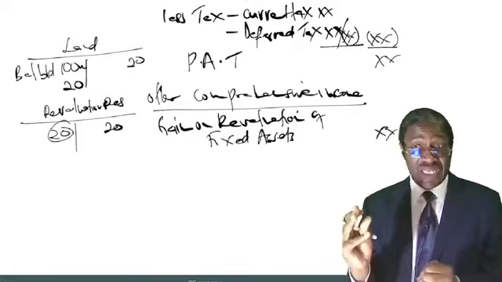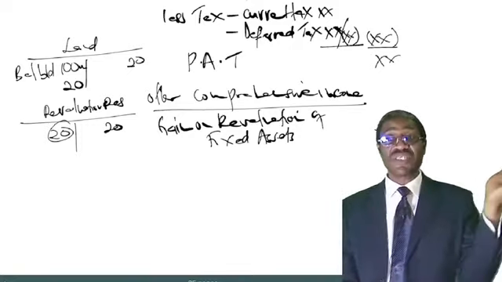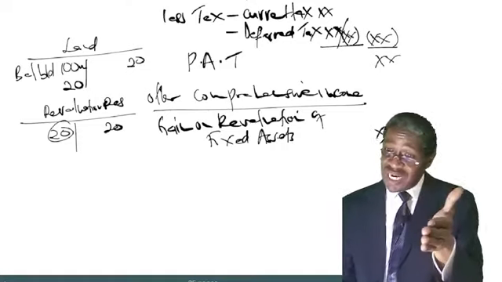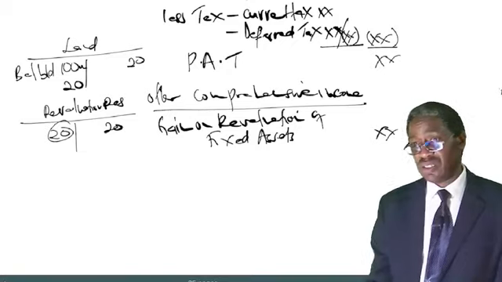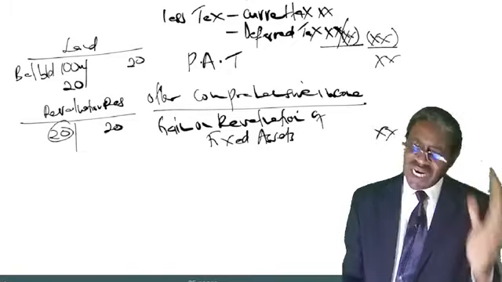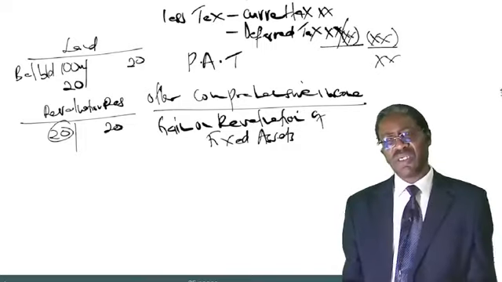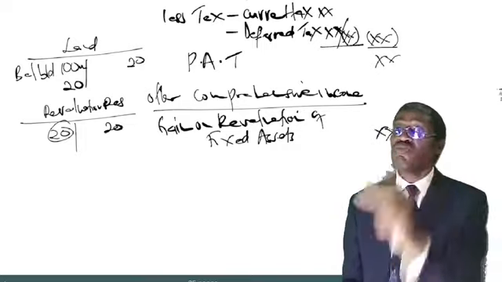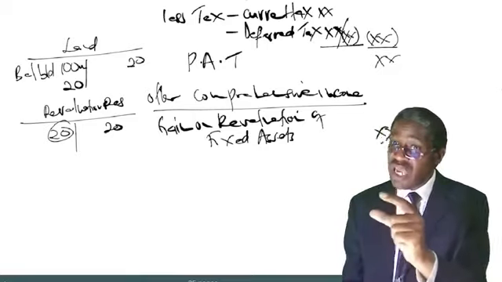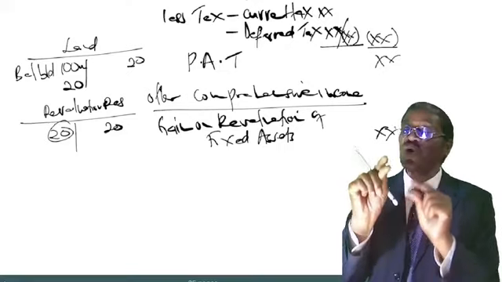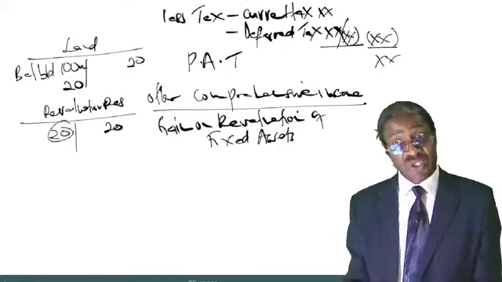When you are transacting, you will be required to translate your currency from your transactions from one currency to another currency. In the process of translating one currency to another currency, automatically you may gain or you may lose. Why? Because of the fluctuations in the exchange rate.